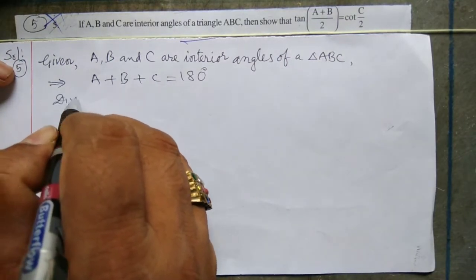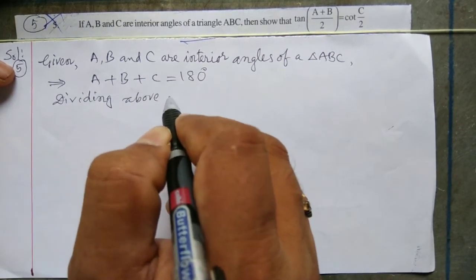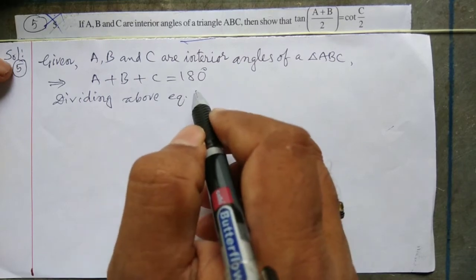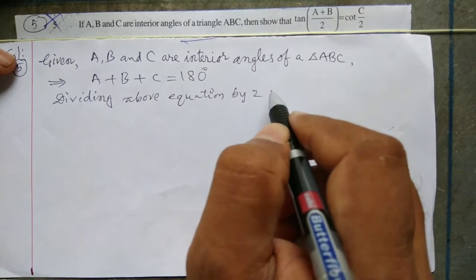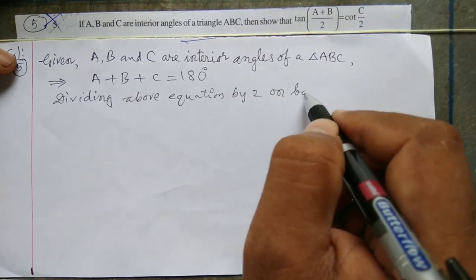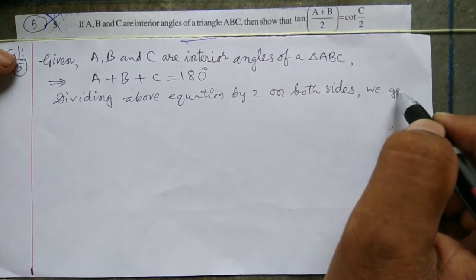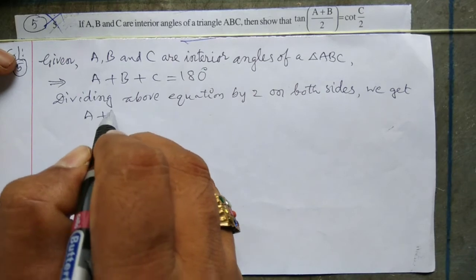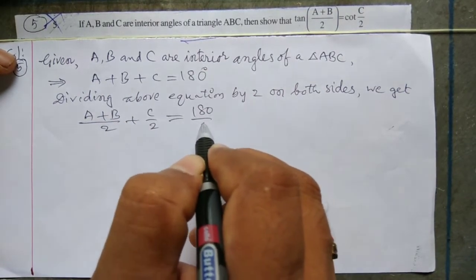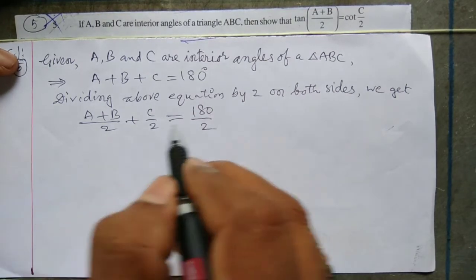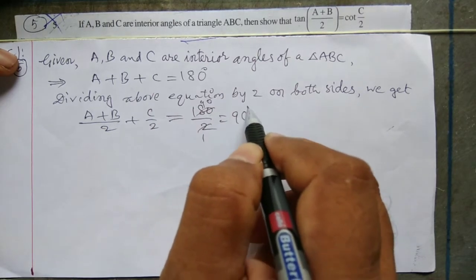Dividing above equation by 2 on both sides, we get (A plus B) by 2 plus C by 2 is equal to 180 by 2, that is equal to 90 degrees.